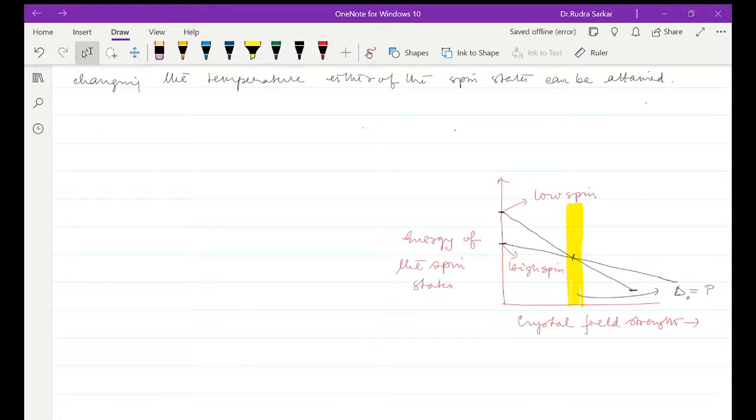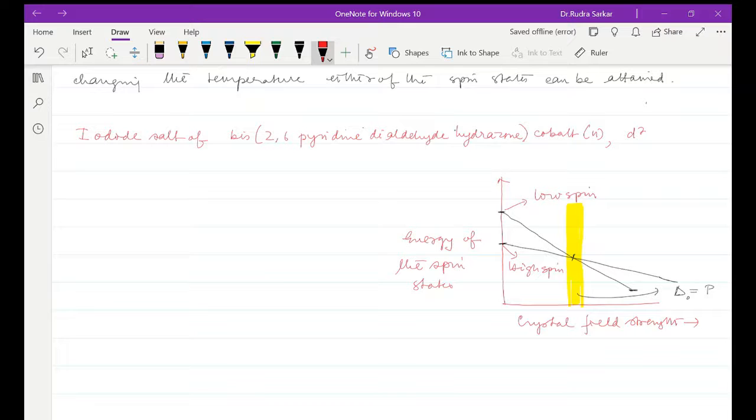Now over here, it has been seen, as an example, we can treat the iodide salt of bis 2,6 pyridine dialdehyde hydrazone cobalt 2, which means it is a D7 system.